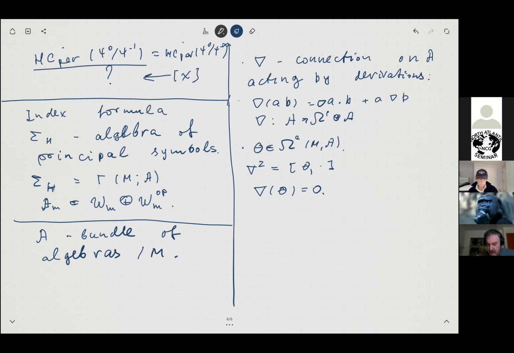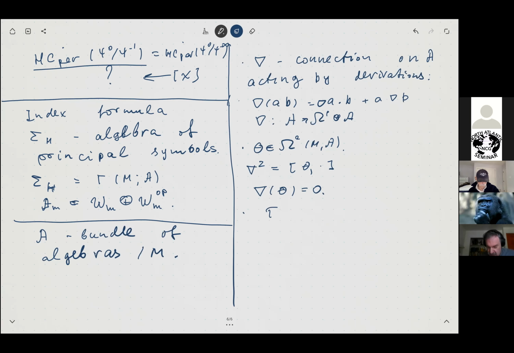You can alter theta by any central-valued closed form, for example. Both of the conditions will be satisfied.